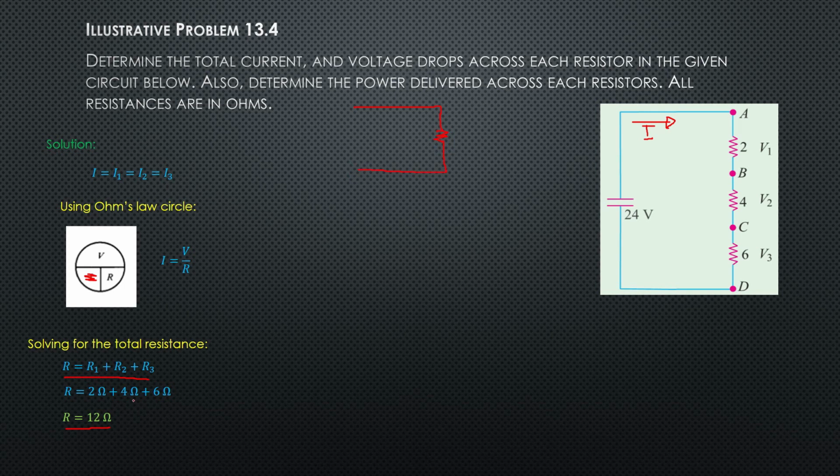Since the total resistance is computed, these resistances are combined into a single resistor which has a value of 12 ohms. And the voltage applied is still similar, which is 24 volts.